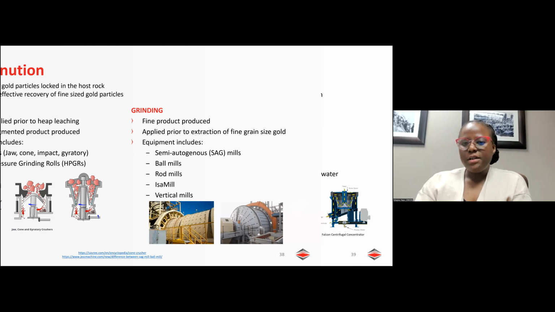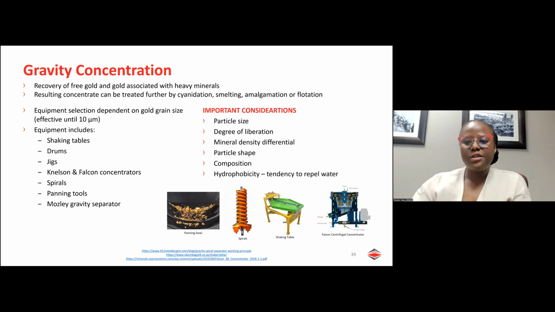Okay, then gravity concentration is applied to recover gold and gold-associated heavy minerals. The important considerations for your gravity concentration circuit include the gold grain size and its distribution within your stream, the degree of liberation and the particle shape.